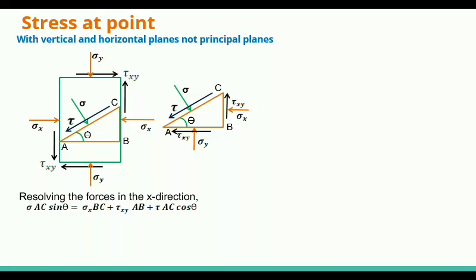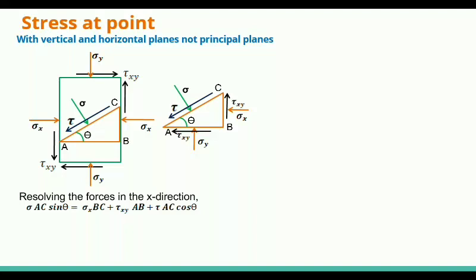The normal stress is acting normally on the plane AC, so you will take sigma times AC times 1, where 1 is the width perpendicular to this plane. So you can write sigma into AC into 1, and we have directly written it as sigma into AC.